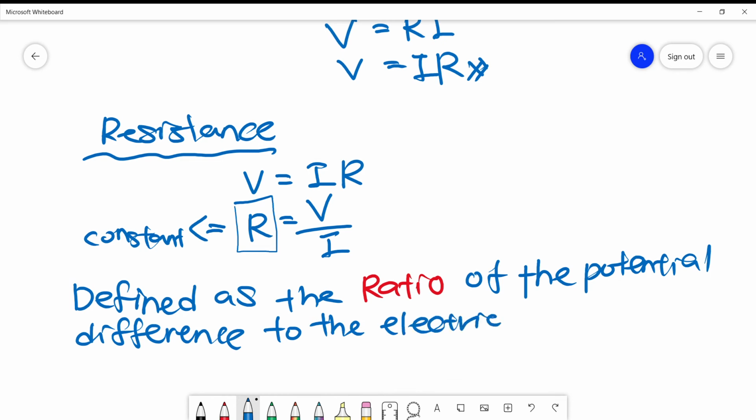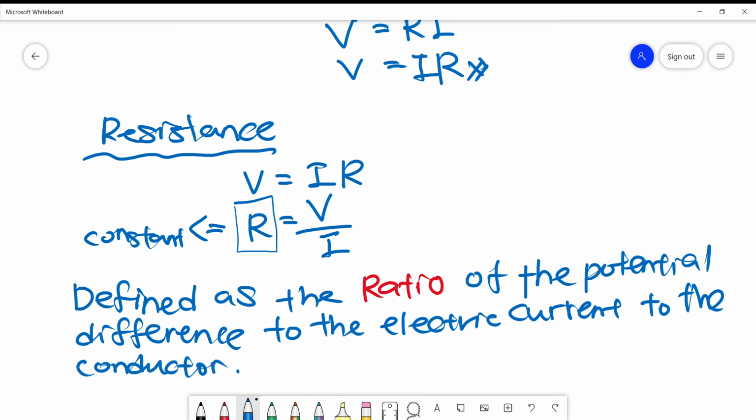This is the definition of the resistance.